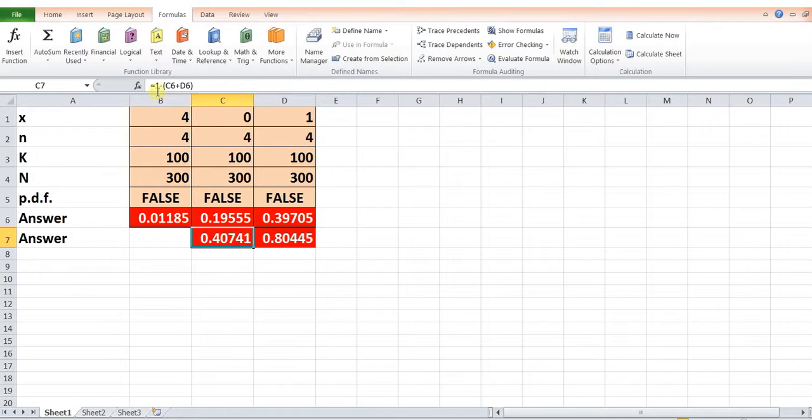If we subtract it from 1, we are getting this probability of x greater than or equal to 2. Similarly, if we want to find out the probability of x greater than or equal to 1, then we have to subtract this particular value, that is the C6 cell. So 1 minus C6 will give this required value. So these are our required answers. First answer, then this is the second answer, and this is the third answer.